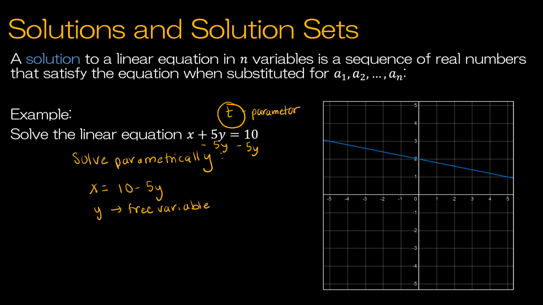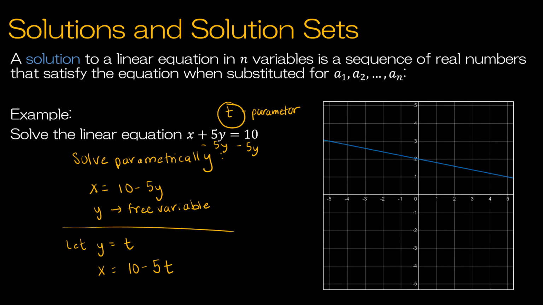We're saying y is independent and x is dependent on y. But now we're going to write this parametrically. So we're going to say let y equals t. T is the parameter. And so y is going to be whatever we set for t. And x is going to be 10 minus 5t.